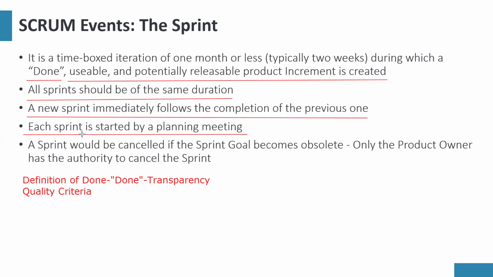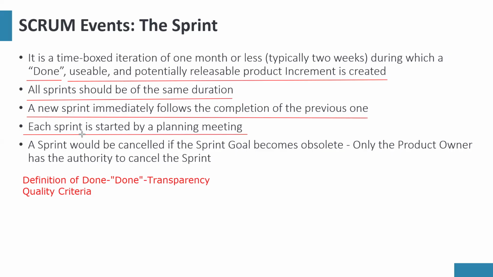So let's say that you are on a 2-week sprint and it's the second week and we're completing the sprint, right? We're completing a sprint on Friday. Let's say 2-week sprint means Monday to Friday for 2 weeks.